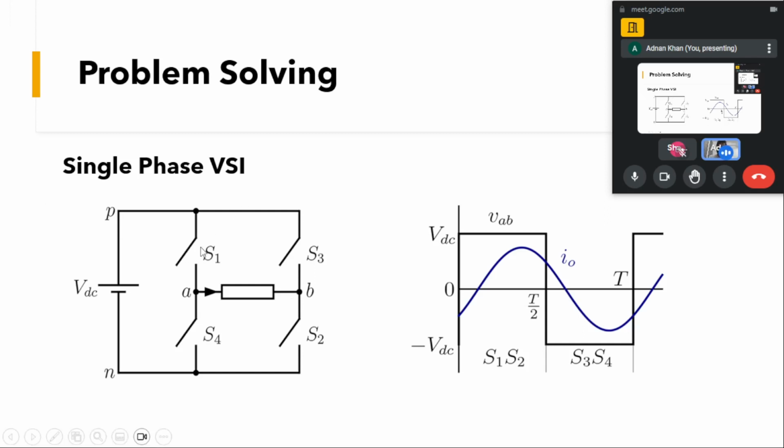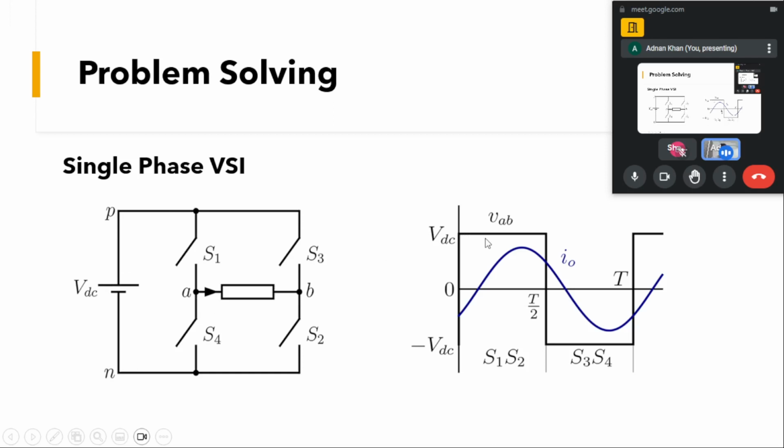How this is operated: we will be turning S1 and S2 on simultaneously, and S3 and S4 simultaneously. Also, what we want here is that these switches should be bidirectional, that means they should be able to conduct negative current as well. So when S1 and S2 are turned on, the A point will be at positive DC and the B point at the negative potential.